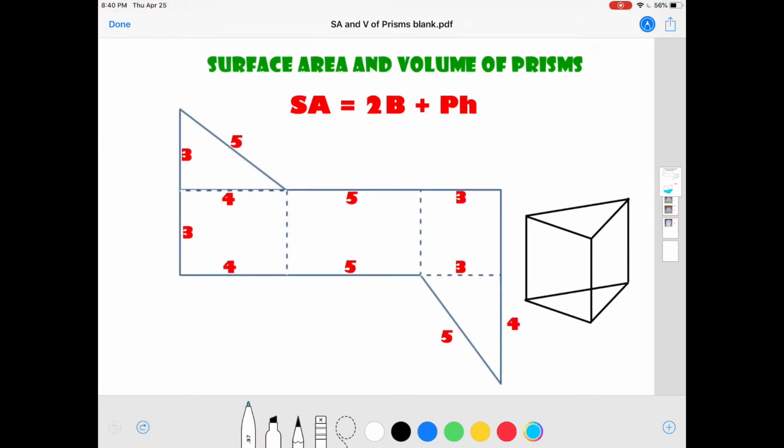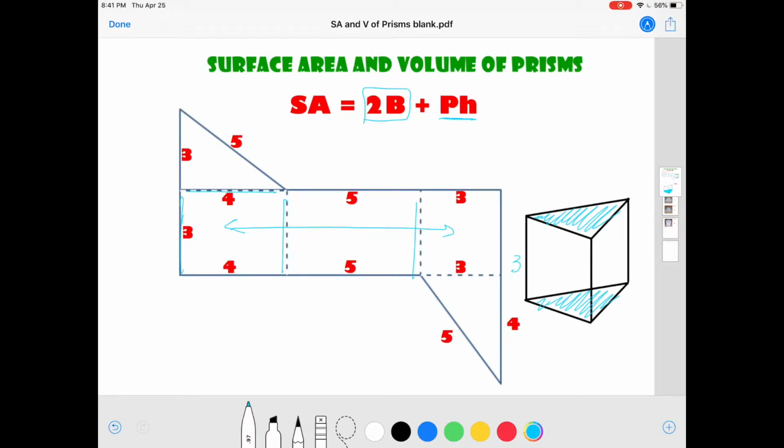Alright, so first I wanted to explain why the surface area formula works. I think the 2B is kind of obvious, like B stands for the area of the base shape, and we should have 2 of those included. But the pH, that lateral area, should include all of these rectangles that are wrapped around, right? Well, if you use these numbers, the height of each of those rectangles is the same as the height of the prism.